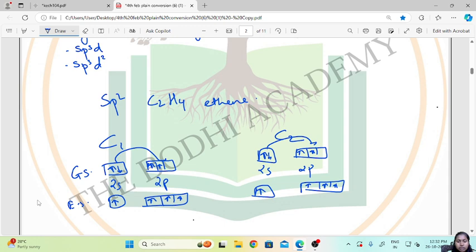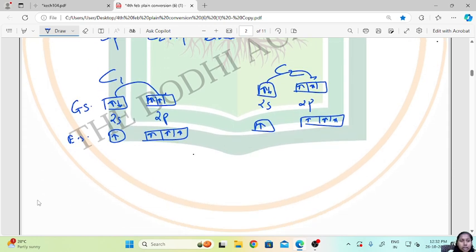So, this is what happens in the excited state. Since ethene follows sp2 hybridization, only these orbitals are involved in bond formation. In this case, a carbon-carbon sigma bond is formed, and this sigma bond is formed between sp2 hybrid orbitals. Now, any one of these hybrid orbitals can combine with the other one. For example, if I take the orbital of carbon 1 and the orbital of carbon 2, they both combine together to form this sigma bond. Okay.